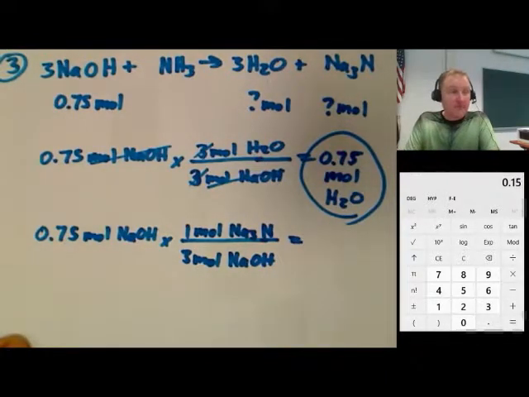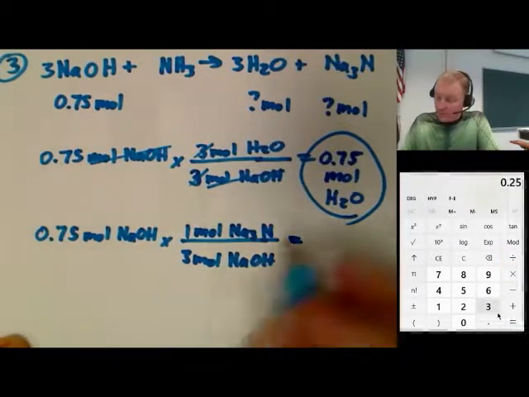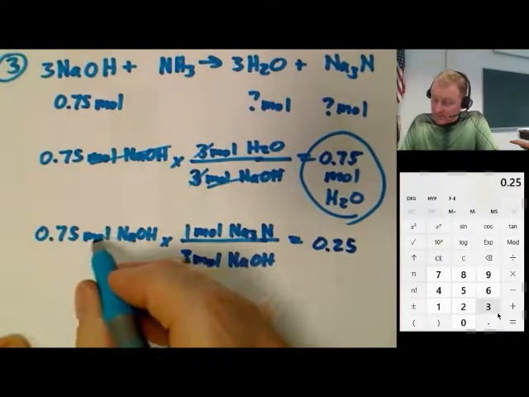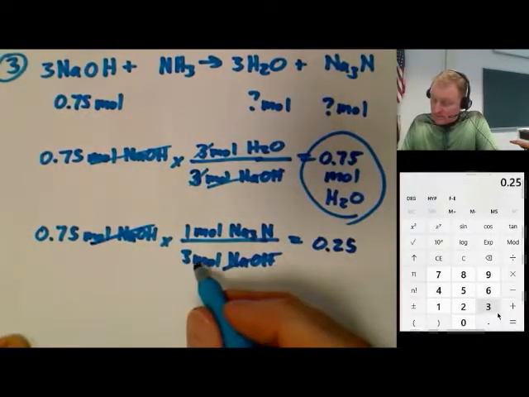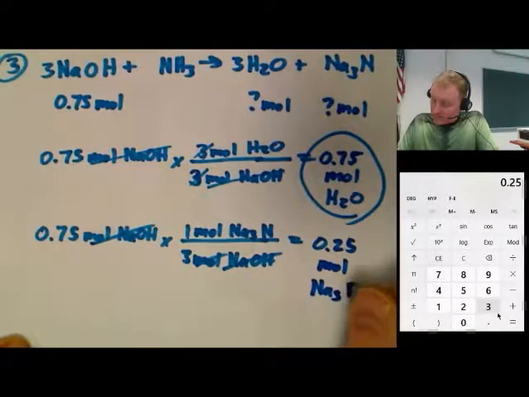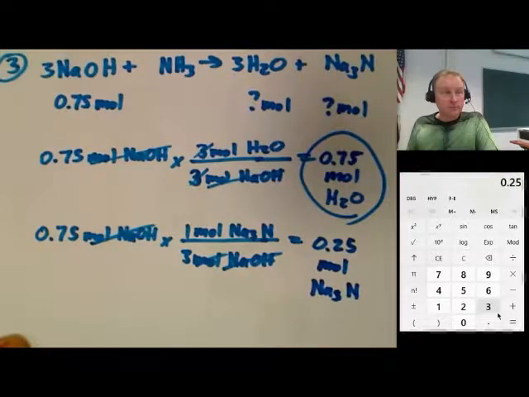So it would be 0.75 divided by 3, which would be 0.25. These guys cancel out with each other. 0.25 moles of sodium nitride. Okay, that's the first 3.